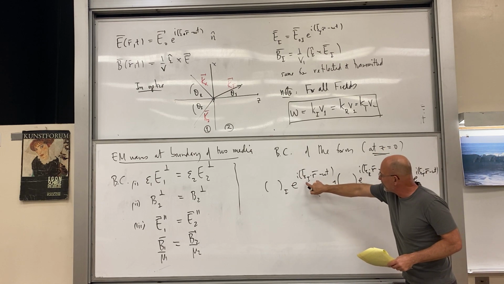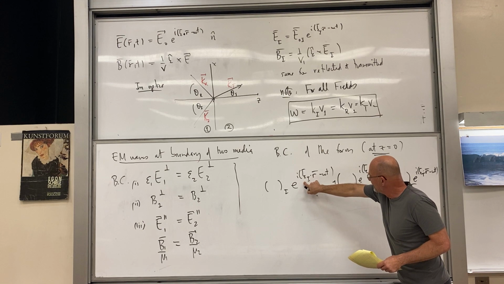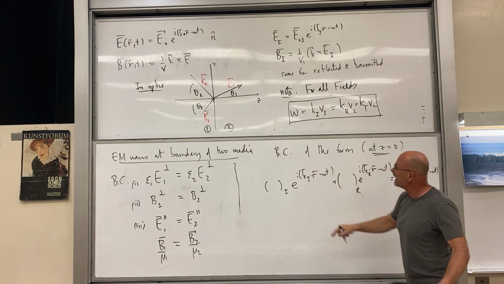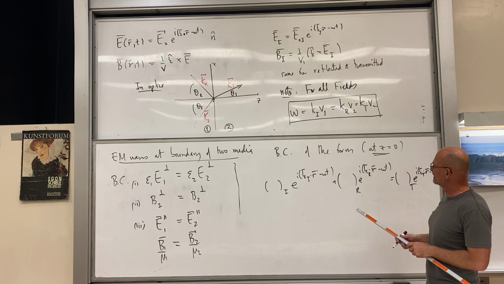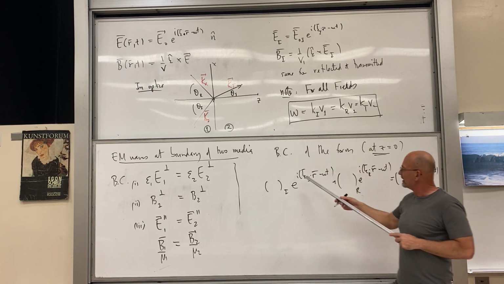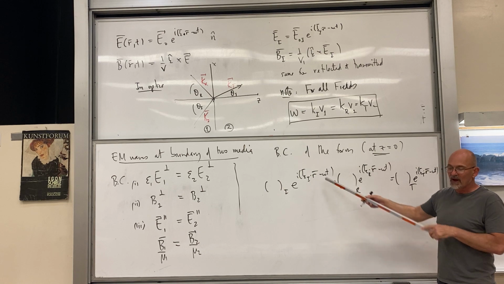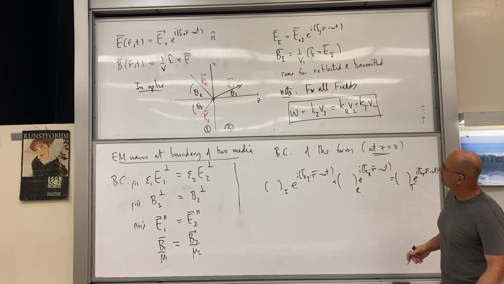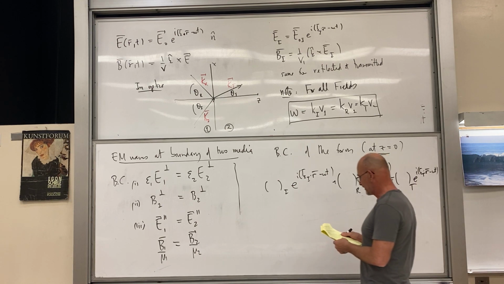So what we have here is k times r in the xy plane. We've got the k as shown here dotted into r in the xy plane. So let's go ahead and see what that gives us.